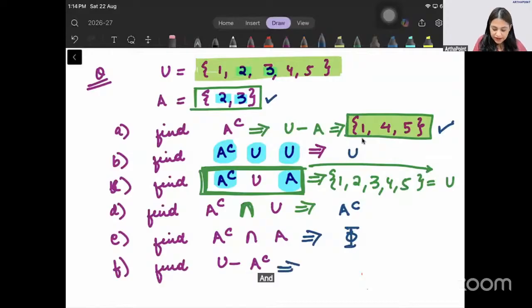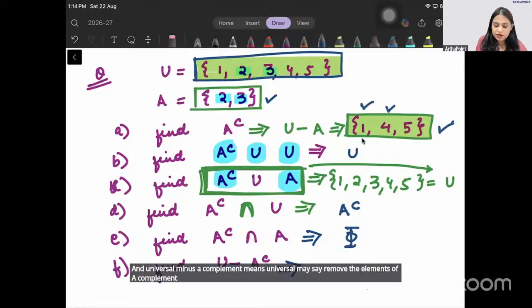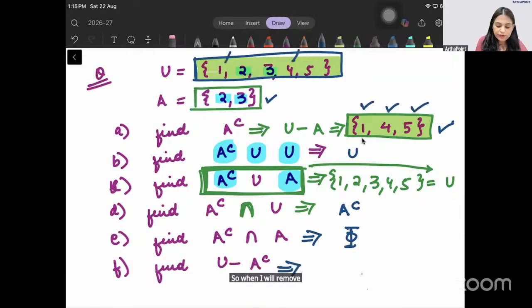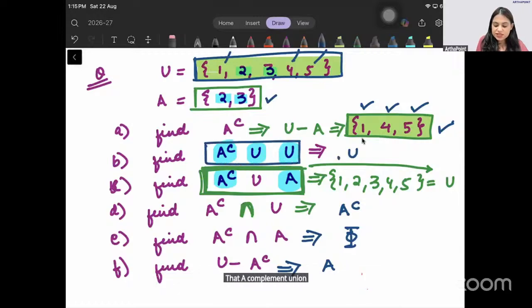And universal minus A complement means universal में से remove the elements of A complement. Remove 1, remove 4, remove 5. So when I will remove 1, 4 and 5, तो मुझे मिलेगा 2 and 3, which will be A. So we have got some properties related to A complement. क्या क्या properties आ गई है? That A complement union universal set is giving me universal.